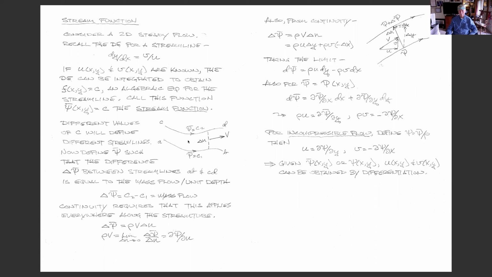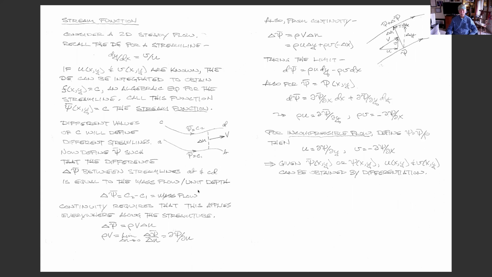Now we've defined a function and just renamed it. We say that this psi bar represents the difference, delta psi bar, between streamlines AB and CD, and that difference is equal to the mass flow through here. Here's velocity, and it's the mass flow.